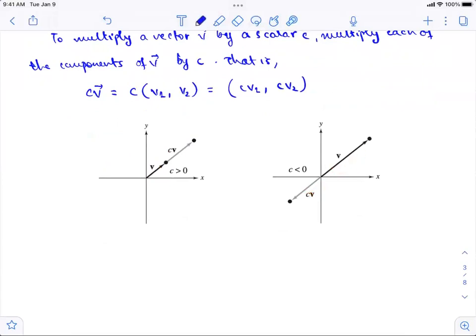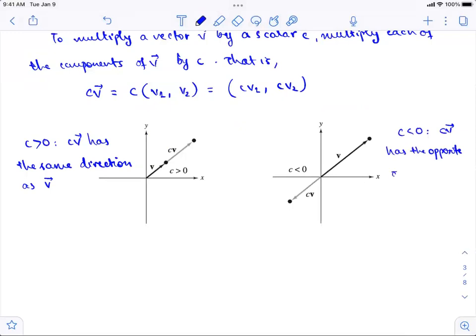Okay, so let's write that down. So when c is positive, c times v has the same direction as the vector v, right? And when c is less than 0, c times v has the opposite direction as v, right?